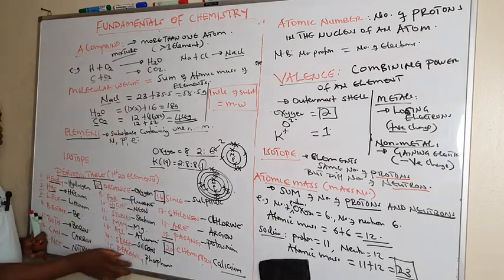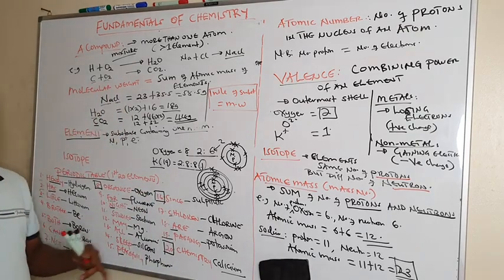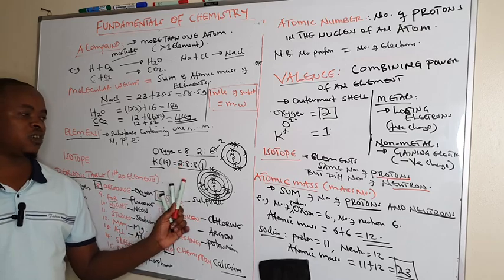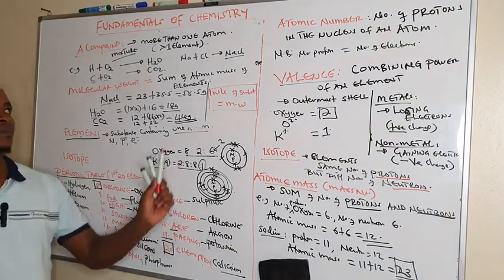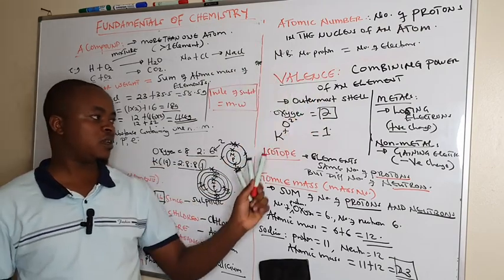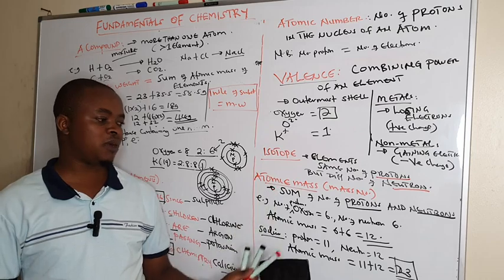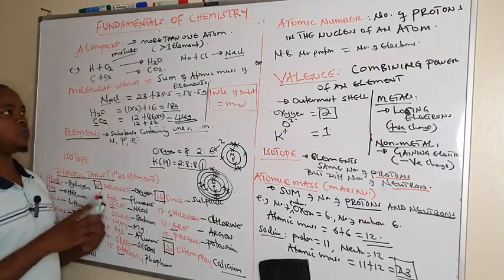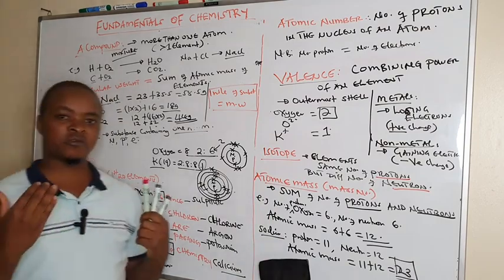We have looked at the first 20 elements of the periodic table, how we can look at the valence, the electronic configurations, and the structures of different compounds. We have defined atomic number, valence, isotope, atomic mass. So this is what we call the fundamentals, or the building blocks of chemistry.